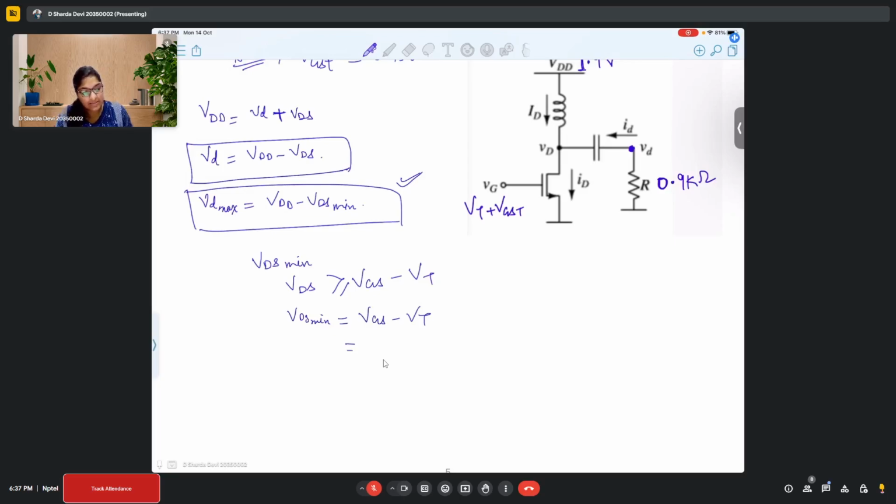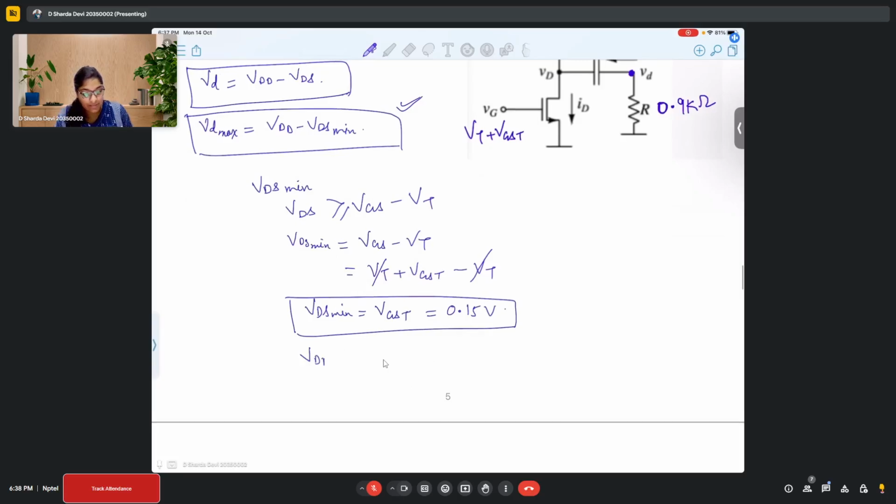Here VGS is VG, so this is VT plus VGST minus VT. These two cancel. So VDS min turns out to be VGST, that is 0.15 volts. Now we know VDD is 1.9 volt, VDS min is known to be 0.15 volt. Then we can find the maximum VD, right?